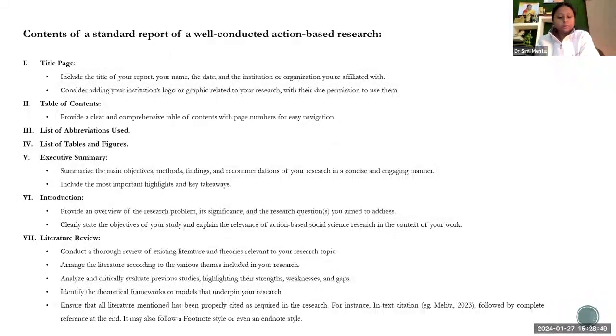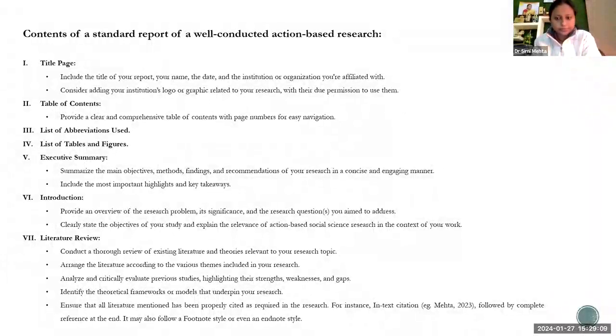And in the end, when you write your references, they may follow the footnote style or the endnote style, but that has to be taken care of in accordance with your target journal's editorial guidelines, which have to be followed quite strictly.